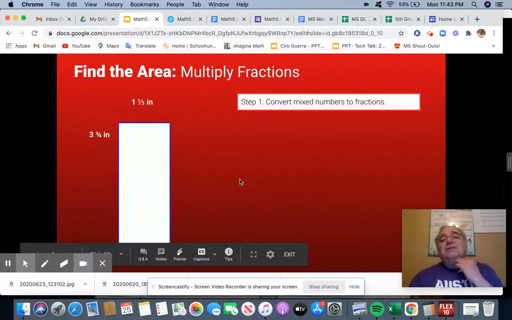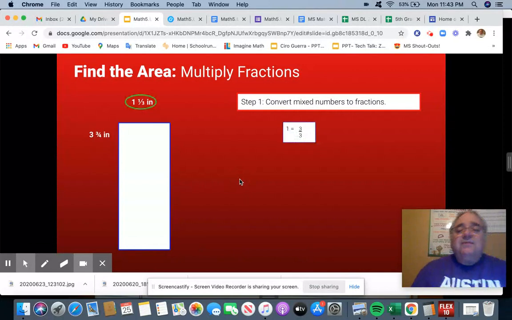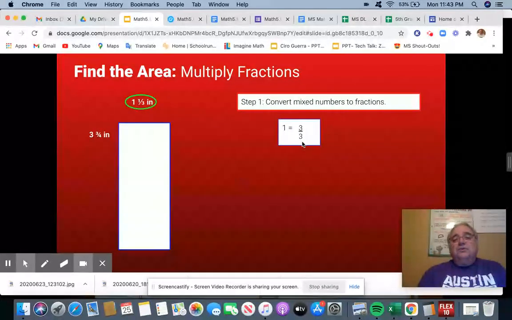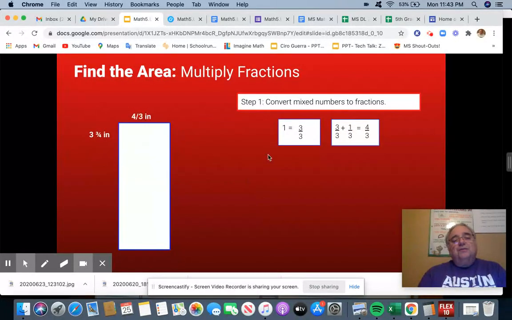We converted the mixed numbers to fractions. So I took 1 equals 3/3. That 3/3, I then added 1/3, which gave me 4/3. So this side becomes 4/3. Then I knew that to get 3, I had to take 4 and multiply it times 3, so I could get 12/4.